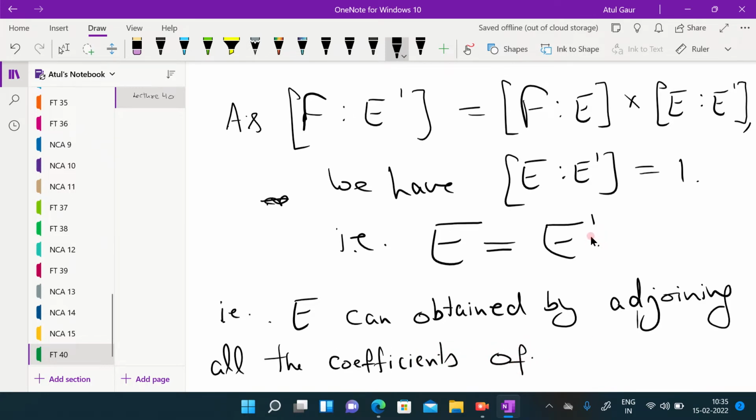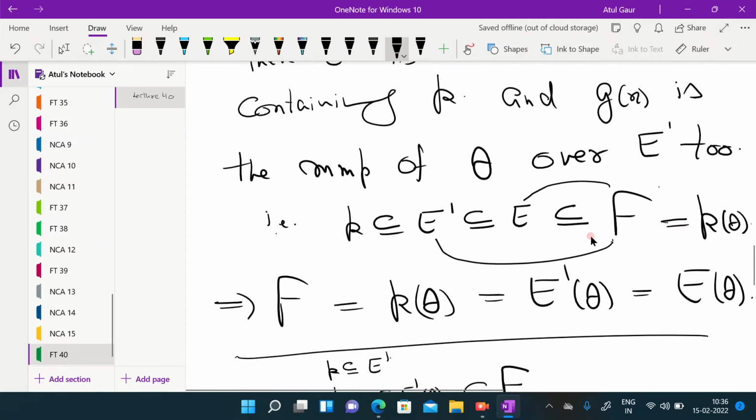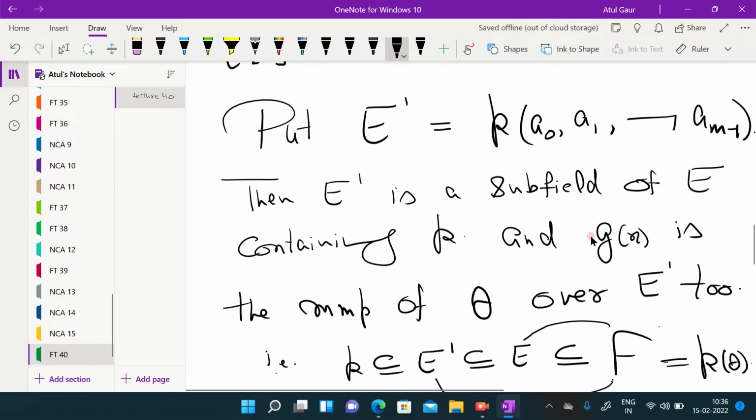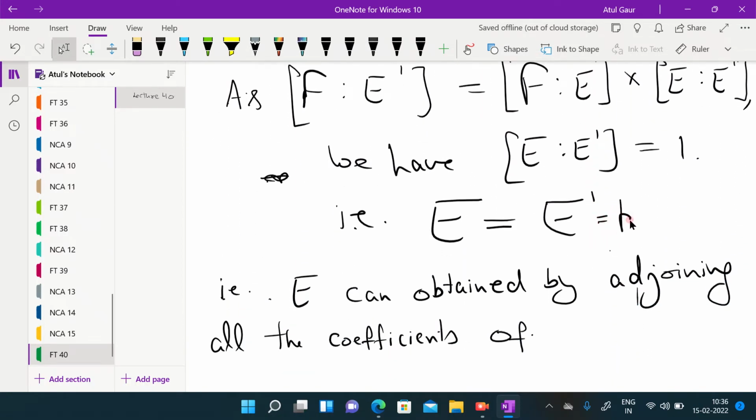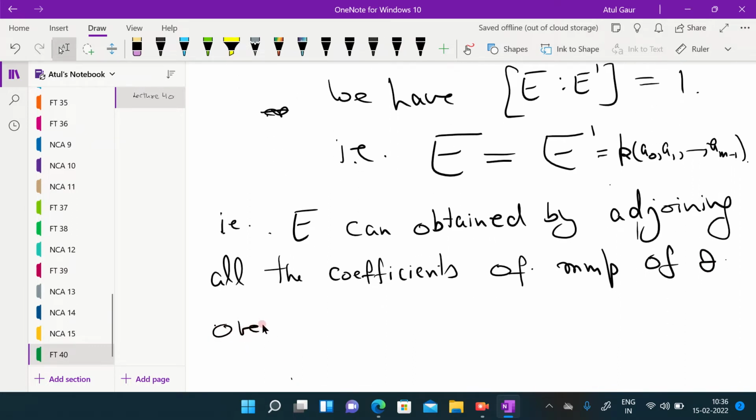भाई E dash क्या था? I hope you are able to recall what is E dash. E dash is K a0 a1 a2 a m minus 1 और ये ai's क्या थे? coefficients थे GX के. Coefficients of MMP of theta over E, that is वो GX है. और ये GX क्या है?